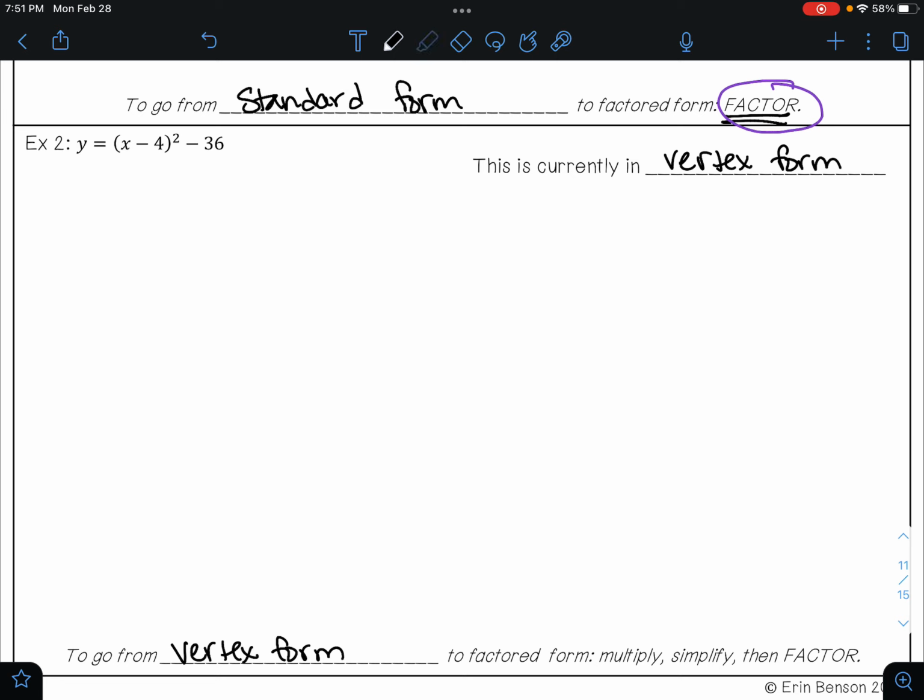I'm going to begin by multiplying x minus 4 squared. X minus 4 squared means that I have x minus 4 times x minus 4. This is a binomial being multiplied by a binomial. And so to multiply those together, I am going to use the area model.